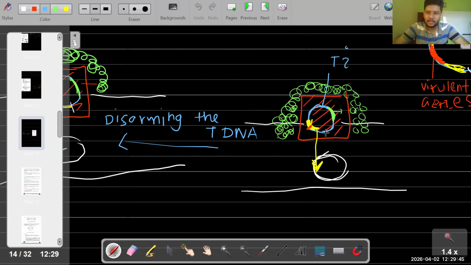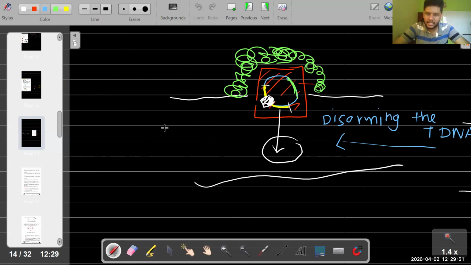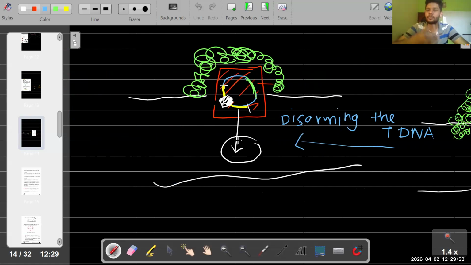So initially, it will be causing an infection, disease. Why? Because virulent genes are present. But now, even if it has the infection ability, the plant won't get an infection. Why? Now there is no infection caused.